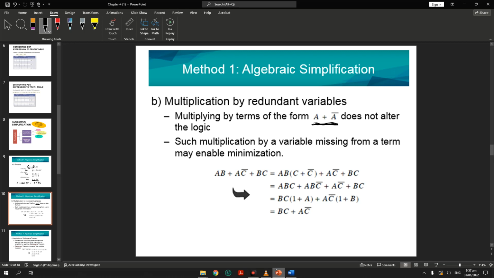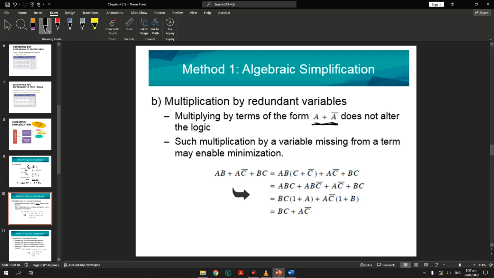Such simplification by a variable missing from a term may enable the minimization. So let us have this example. Our given equation is AB plus AC complement plus BC.